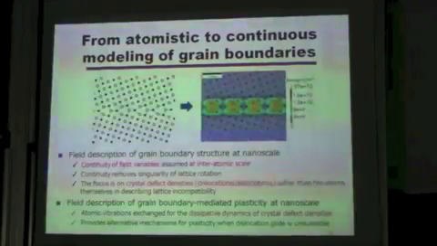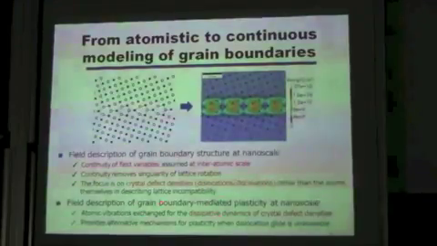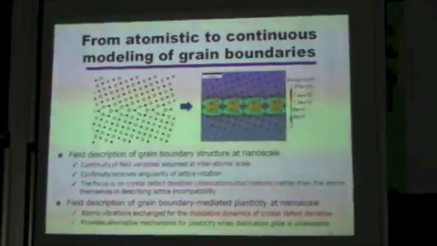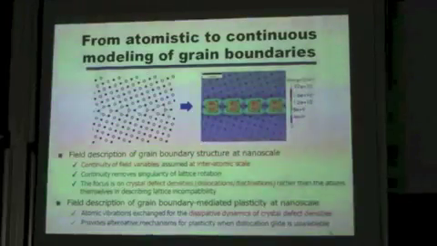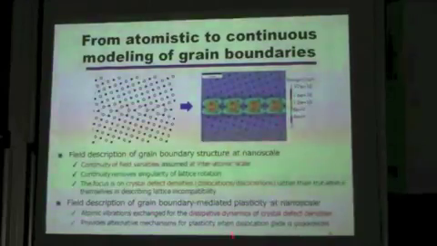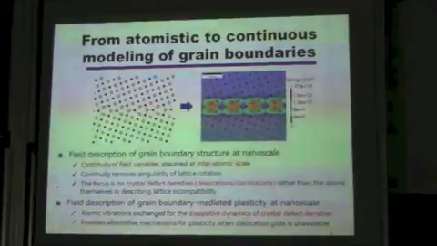Then the defects that I mentioned are moving, and so a difference with molecular dynamics simulations is that we don't have to care for the atomic vibrations. We are exchanging this for dynamics of the crystal defect densities, which is obviously a dissipative dynamics.